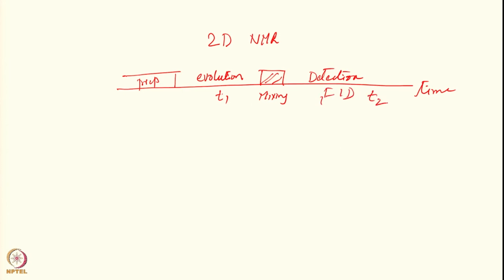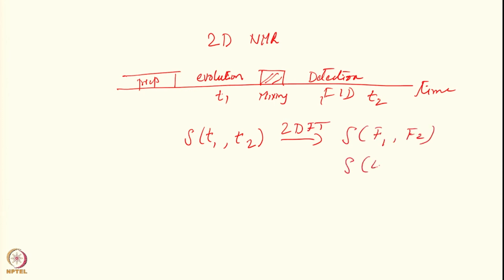So, we collect a series of FIDs, incrementing the time T1 from one experiment to another. Therefore, this results in a two-dimensional data set in T1, T2, and you do a two-dimensional Fourier transformation. This generates a two-dimensional spectrum which we call F1, F2, or sometimes people use omega 1, omega 2; it does not matter, it is the same thing.